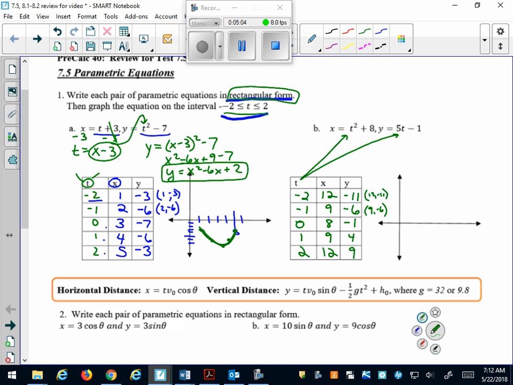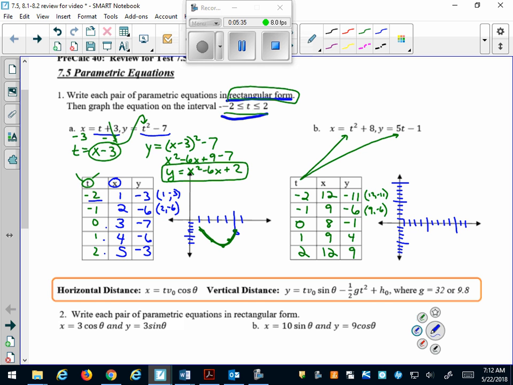And my y values are between negative 11 and all the way up to 9. So I need to make my intervals here. Make sure this goes up to 12. 4, 5, 6, 7, 8, 9, 10, 11, 12. And I need to go 1, 2, 3, 4, 5, 6, 7. 1, 2, 3, 4, 5, 6, 7, 8, 9, 10.